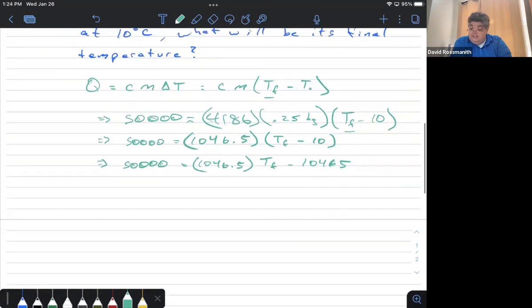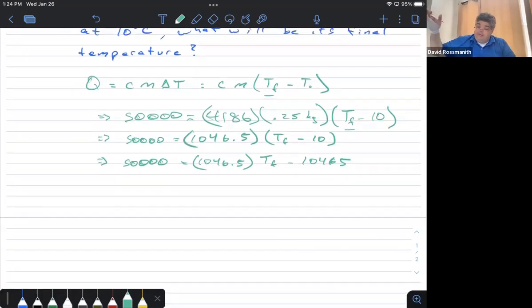Again, just algebra. Bring the 10465 over to the other side. So I get 50,000. When I bring it over, it goes from negative to positive, so I'm adding 10465 equals 1046.5 times TF.